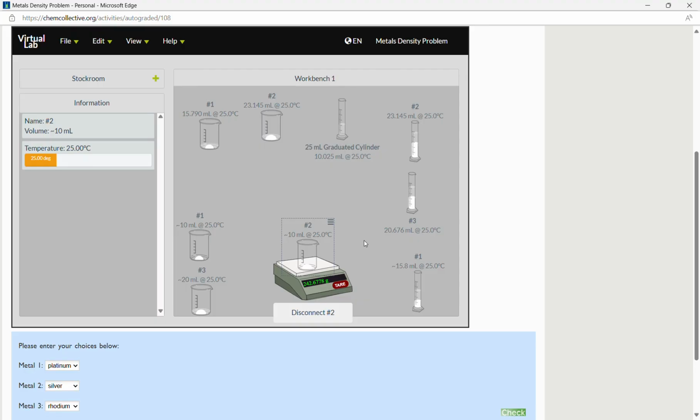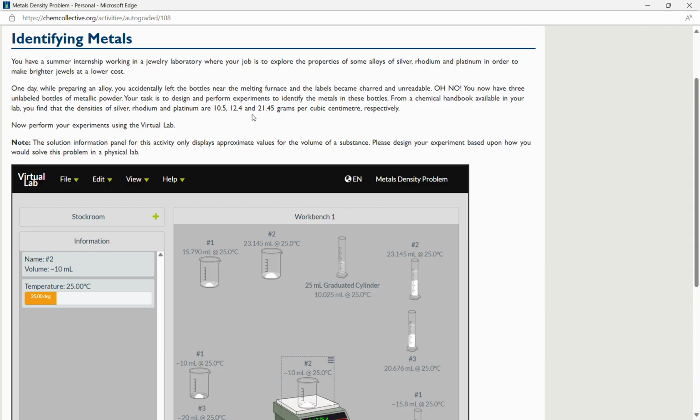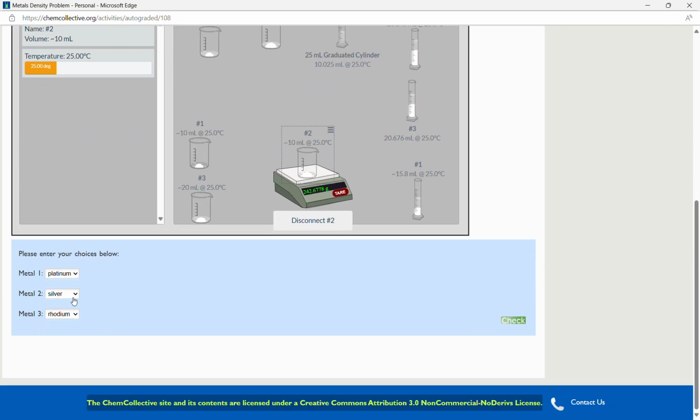Let's see. It came out with the answer of 10.48, which is silver. Silver comes out with 10.5. I'm just off by 0.1, so this is going to be silver right here. So silver, the metal.